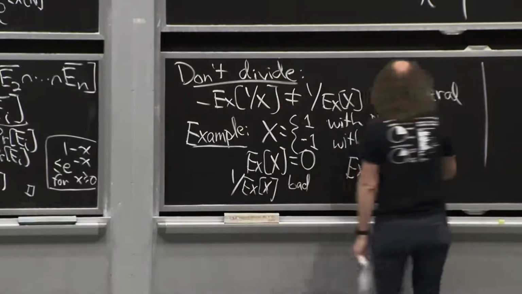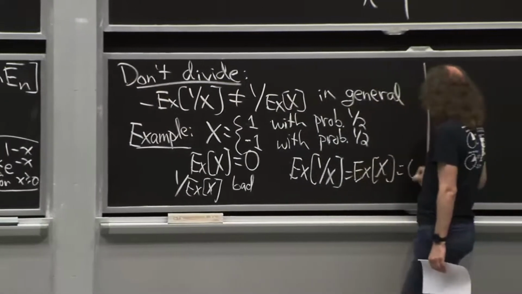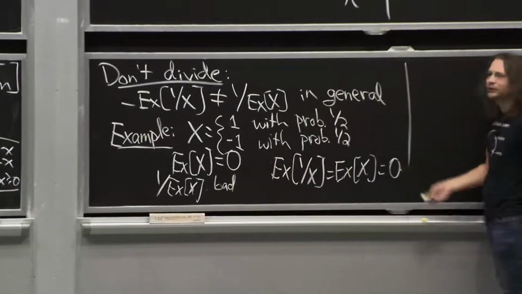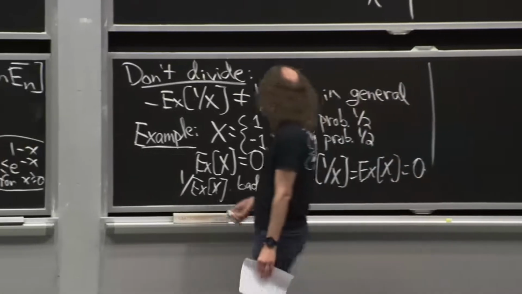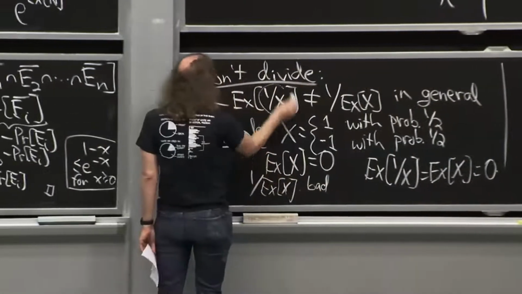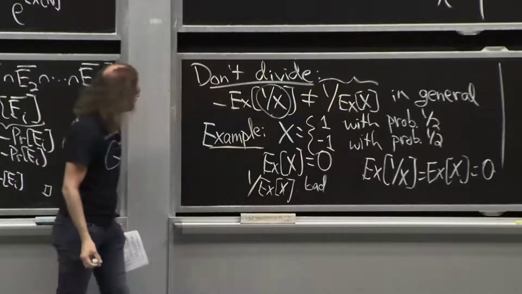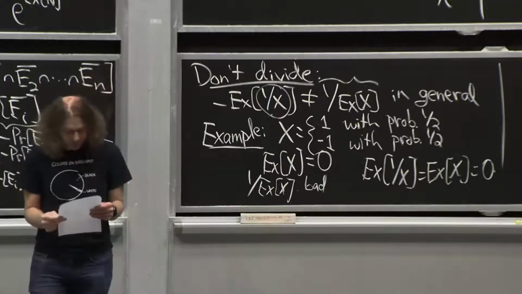So the expectation of 1 over x is the expectation of x, which is 0. So this thing is like infinity or just undefined, and this thing is 0. So they're very different from each other. And in some sense, you should just never do this. This is a reasonable quantity to think about. Don't think about this one, although that seems backwards given what we showed here.